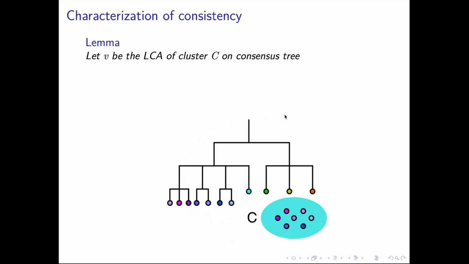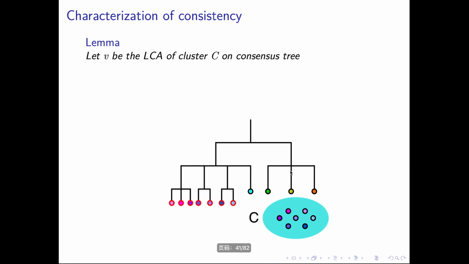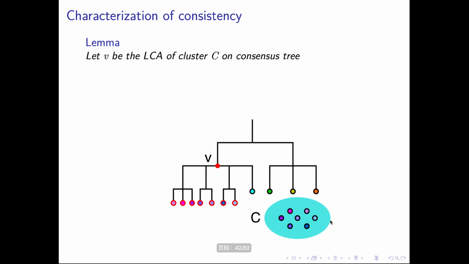This is our consensus tree, and this is the cluster we want to check whether it is consistent with our consensus tree or not. First, we mark all the leaves of the consensus tree that appear in the new cluster, cluster C. Then let V be the least common ancestor of all these leaves, namely V is the LCA of cluster C on the consensus tree.